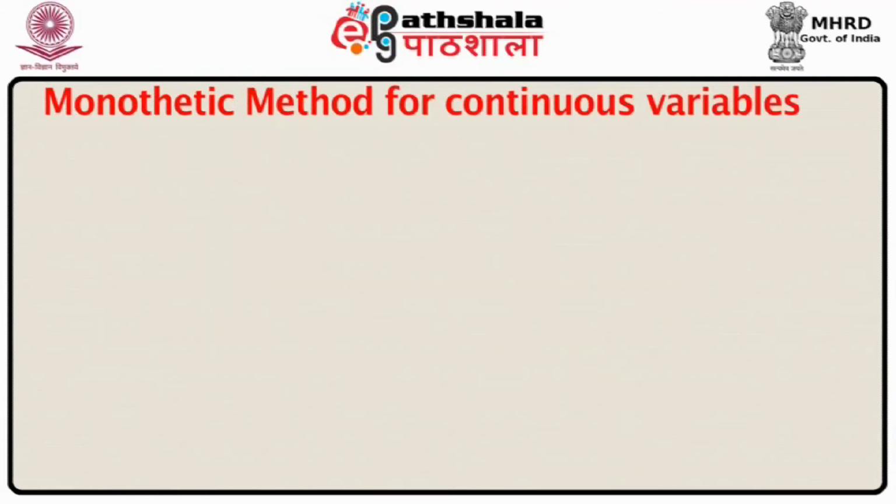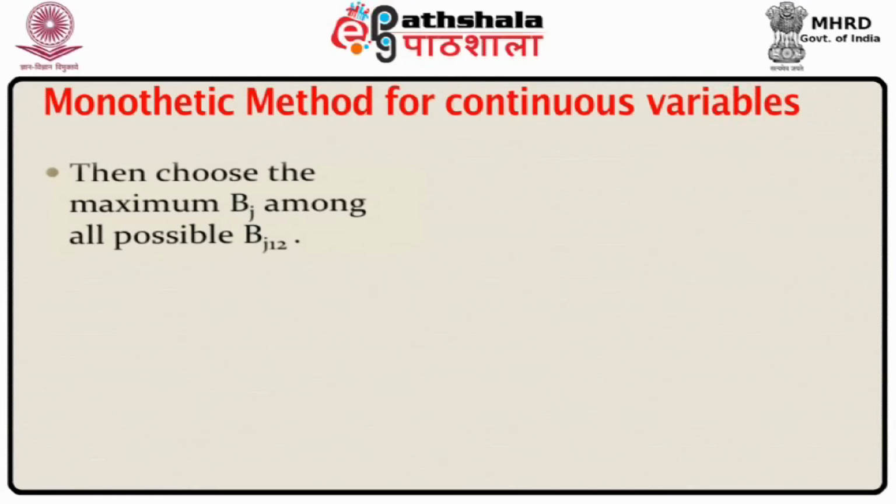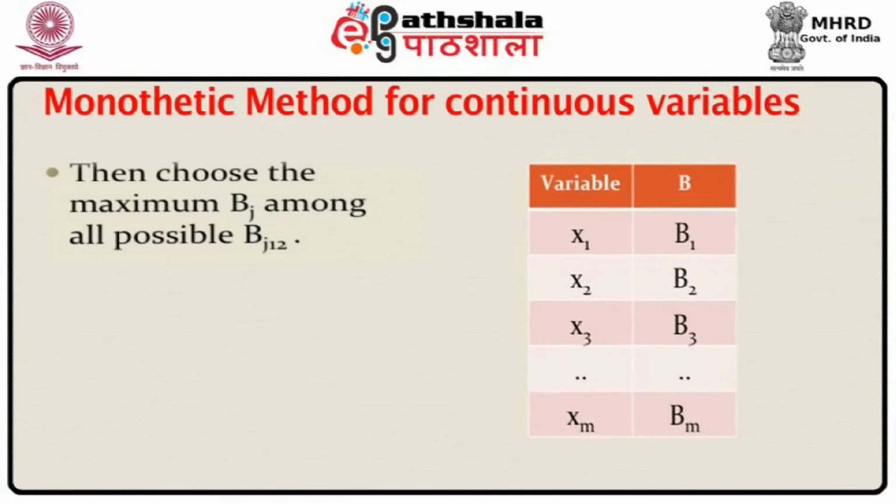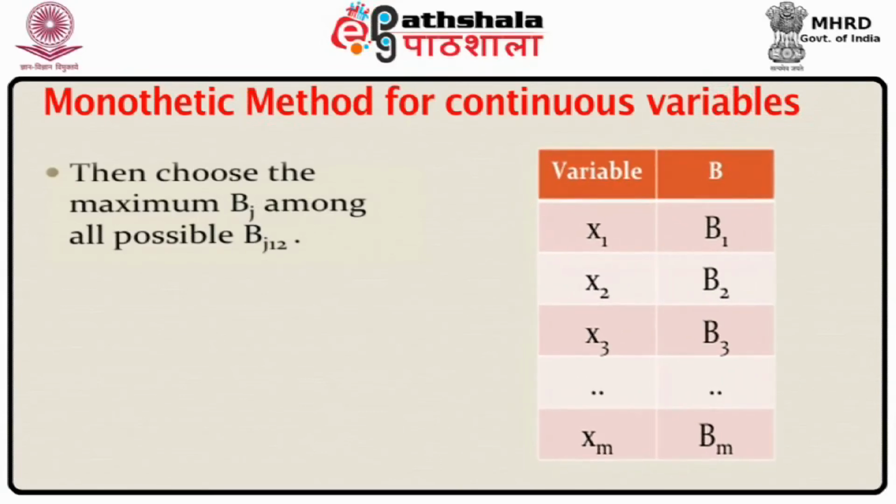And then at the next step, we choose the Bj among all possible Bj's, which is the maximum. So what we have is, we get for x1 a b1, which is the maximum of all the possible splits based on x1. Then we have b2, which is the maximum of all the possible splits based on x2. And similarly for bm.